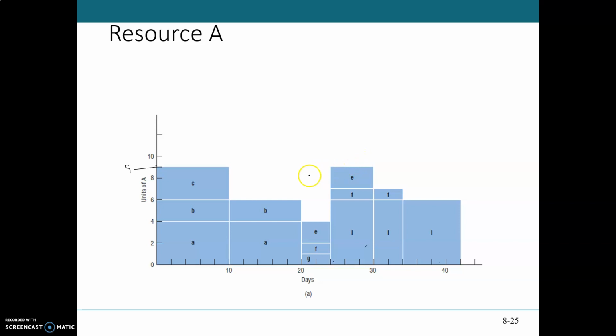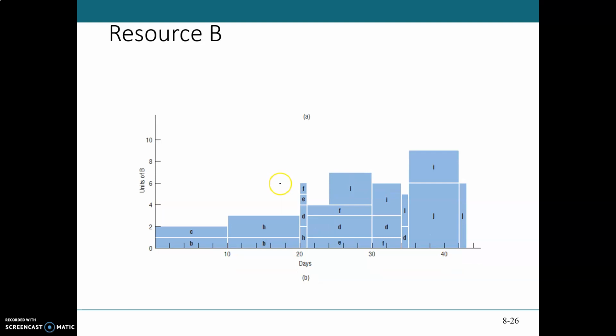This fluctuation of the resources is actually an issue which needs to be settled with the resource leveling technique, which we are going to investigate next. And by the same token, you can also draw the resource profile for the resource B. You can see that the resource needs are also fluctuating for resource B.